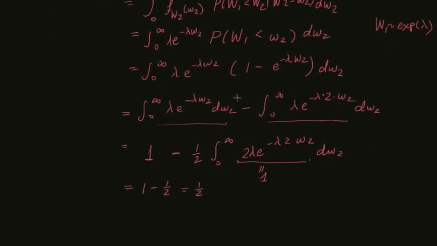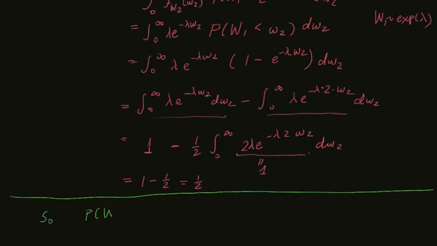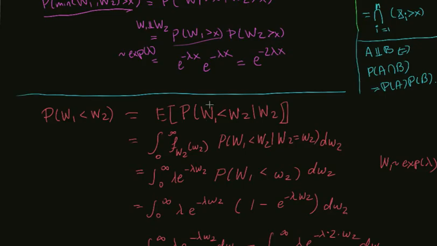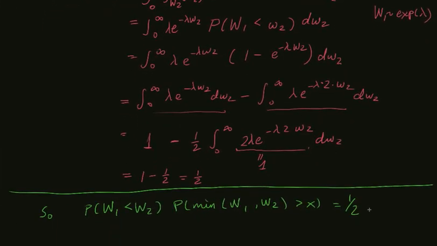In conclusion, the right-hand side, the probability that W1 is strictly smaller than W2 multiplied by the probability that their minimum is strictly greater than x, is given as 1/2 multiplied by e to the minus 2 lambda x.